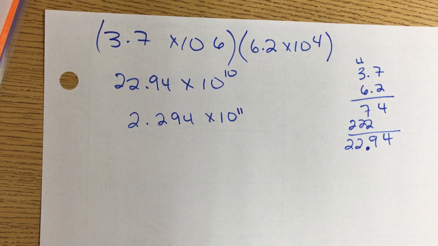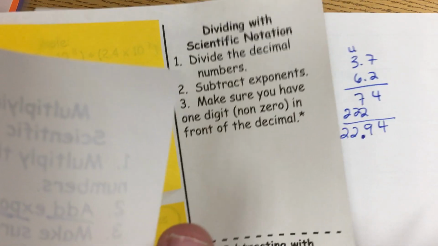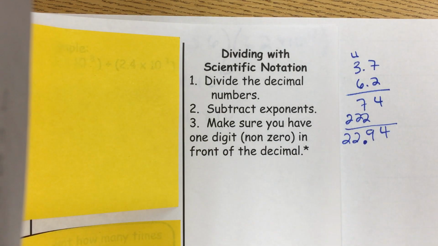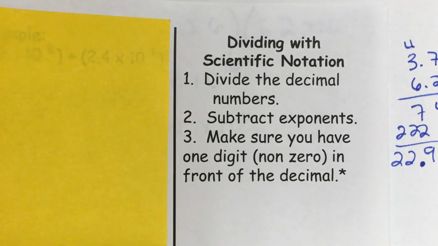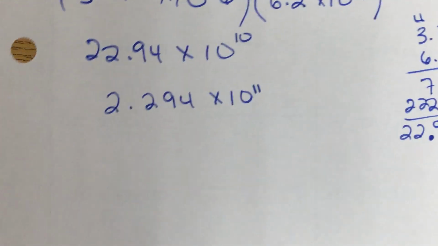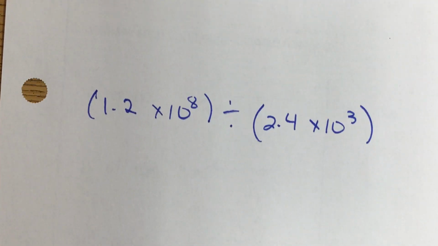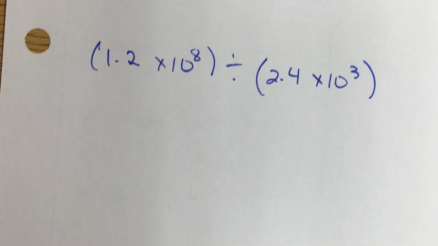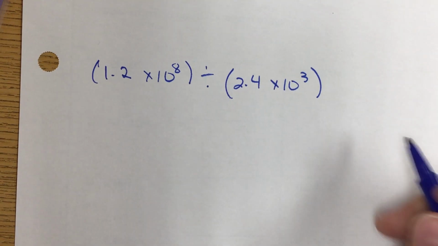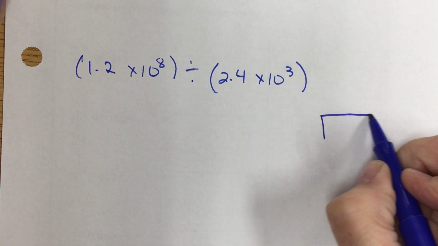Now our last area is the dividing. I'll zoom it in a little for you. There we go. Now when we divide, the biggest thing to remember with division, guys, is what number goes inside.